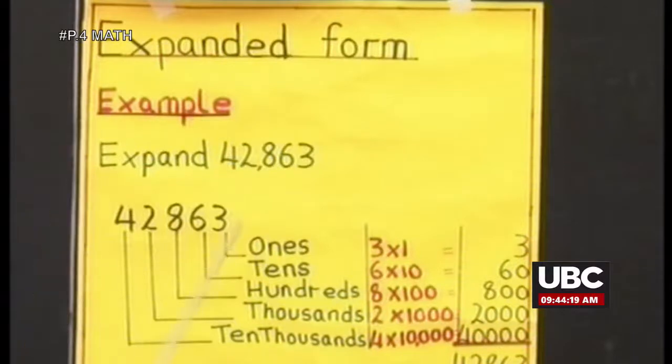And therefore, if we want to write this number in a larger form, we are going to get these numbers we got and write them in a larger form. We start from the 10,000s.